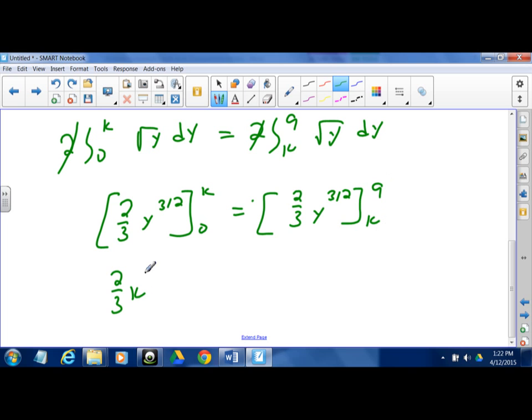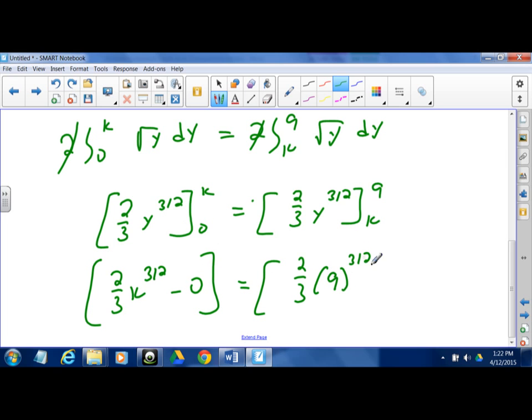It would be 2/3 k to the 3/2 minus 0, right? Because 0 plugged in that function for y is just 0. And on this side it would be 2/3 times 9 to the 3/2, and then minus 2/3 k to the 3/2. So this is the fundamental theorem of calculus with both of these things, okay?